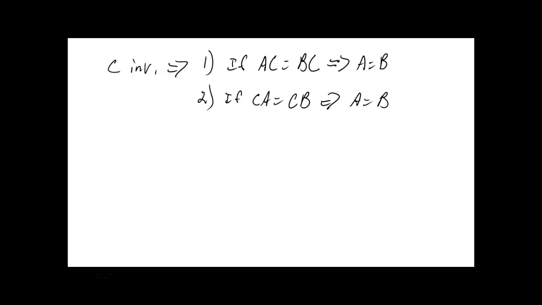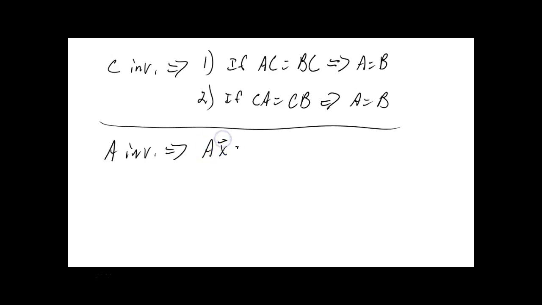If A is an invertible matrix, then this implies the system of linear equations AX equals B has a unique solution. A is some invertible matrix, and then X has the right number of entries, and the right side, B, gives a unique solution.